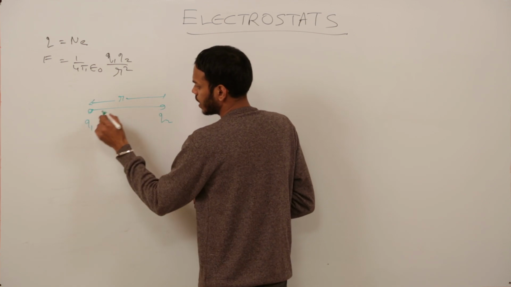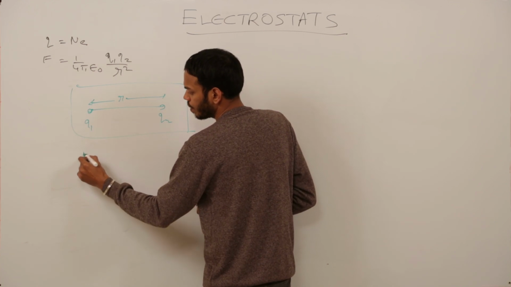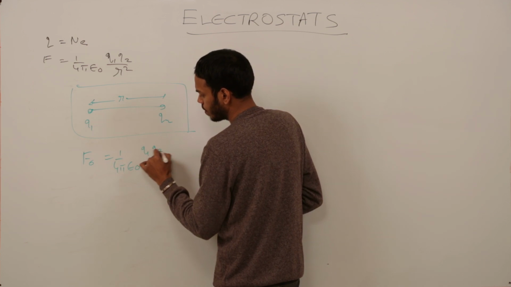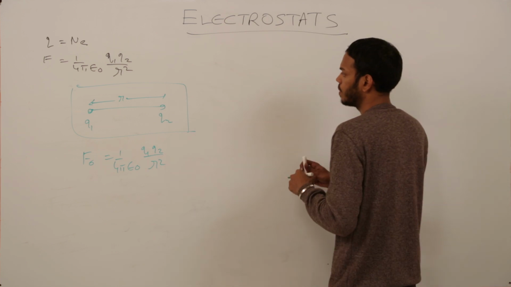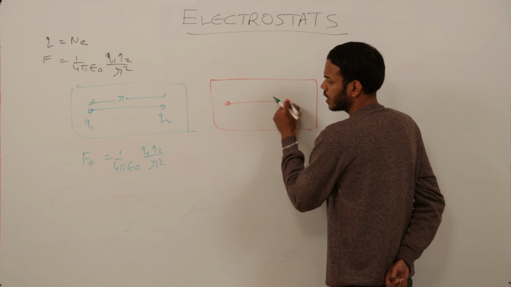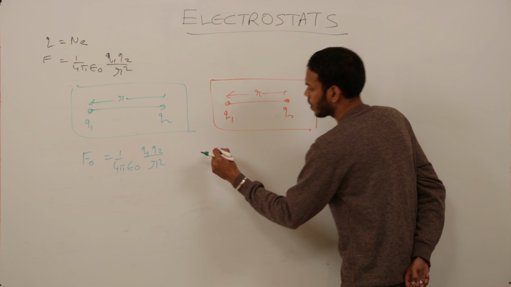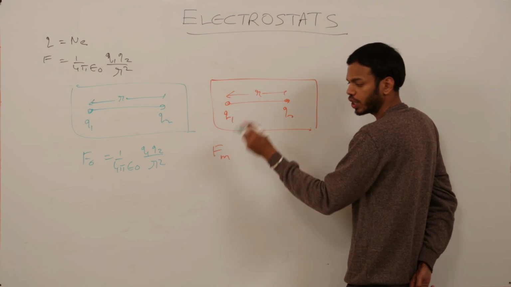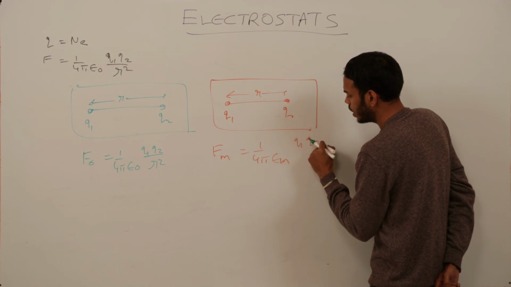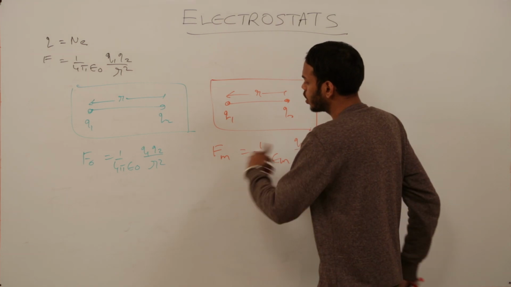In free space or vacuum, the force F naught becomes 1 upon 4 pi epsilon naught q1 q2 upon r square. For the same charges separated by the same distance in the medium, force becomes 1 upon 4 pi epsilon m q1 q2 upon r square. So the introduction of dielectric constant goes like this.